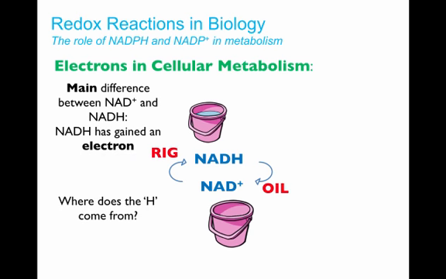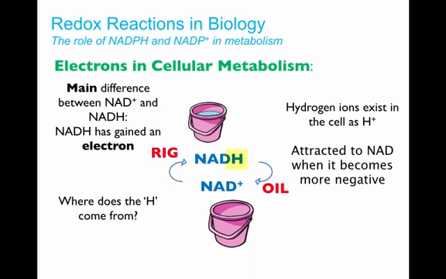So then the question becomes, where does the H come from? Well, here, H is the atomic symbol for hydrogen. And what we'll notice is that hydrogen ions, in other words, a hydrogen ion that carries a charge, exist naturally in the cell. In particular, they carry a positive charge, and they're represented by H+.